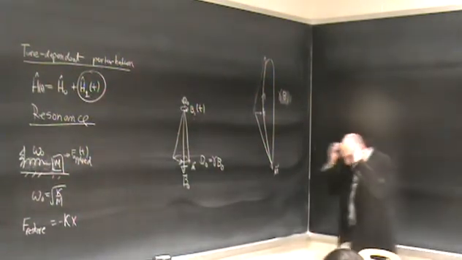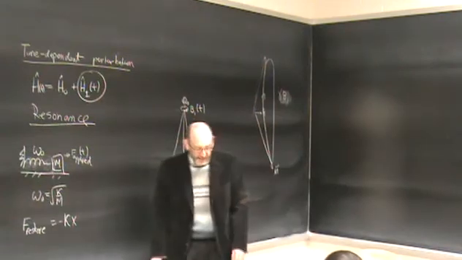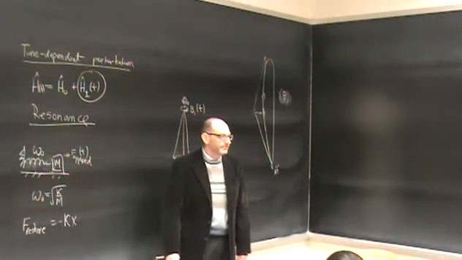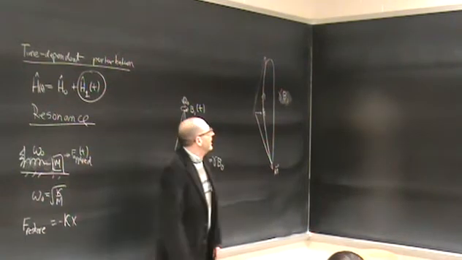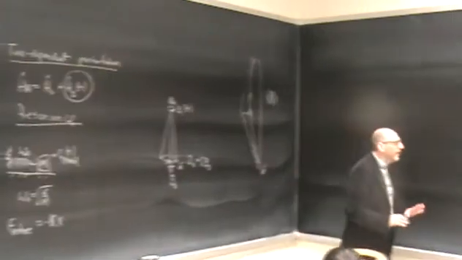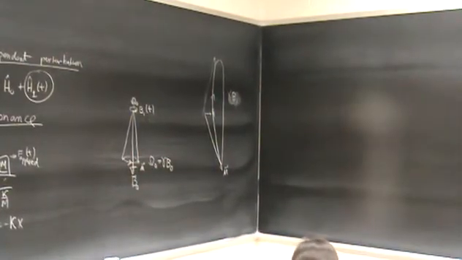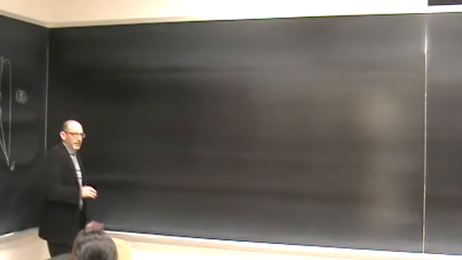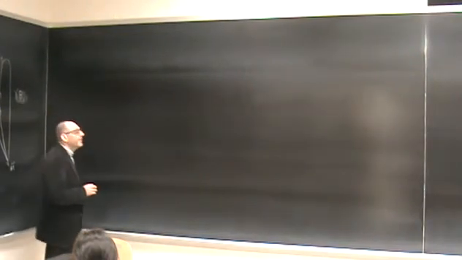So that's our research program for the next few lectures. All right? So if we want to do that, we're going to build a little bit of formalism to deal with this. So let's begin. So the generic situation is usually written this way.